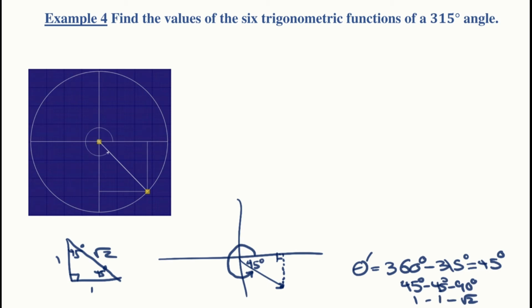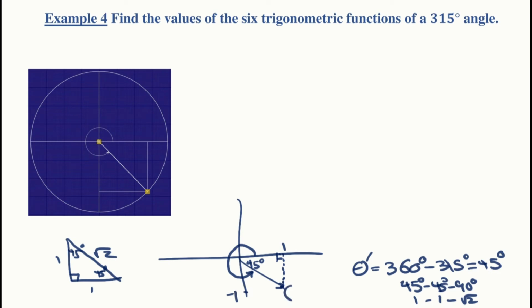All right, so now I'm just going to adjust the signs, right? Notice that this adjacent side over here is going to be at a positive 1 location, but this one will be at a negative 1 location.